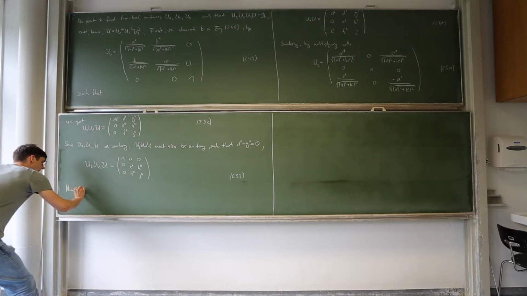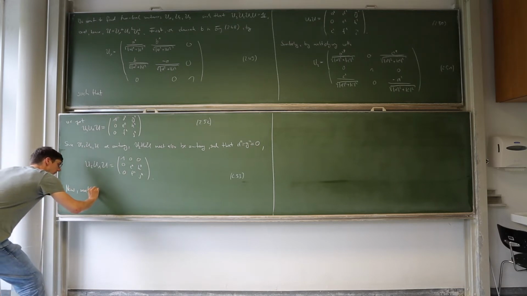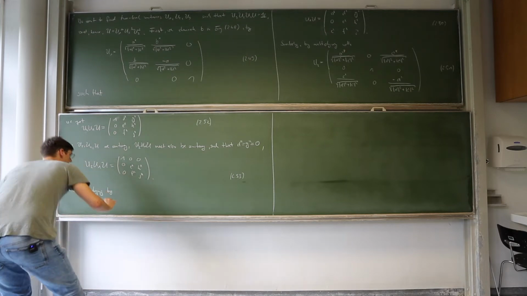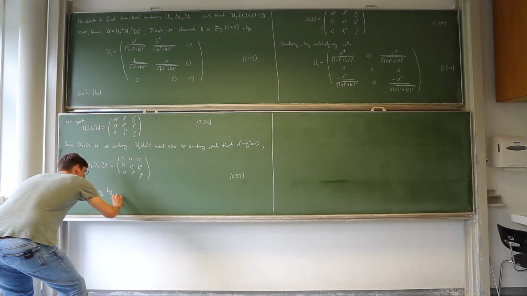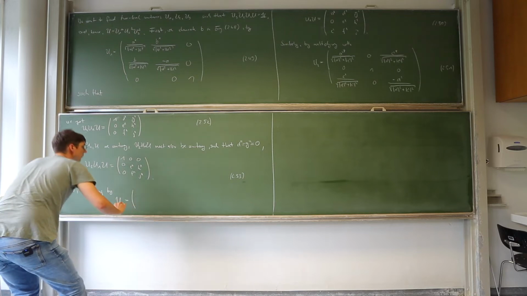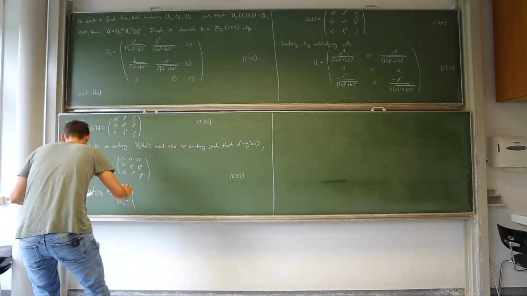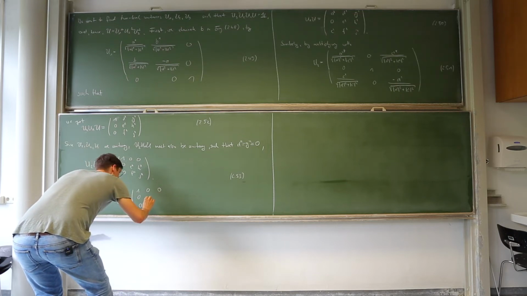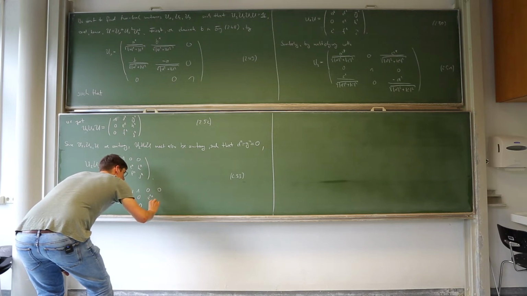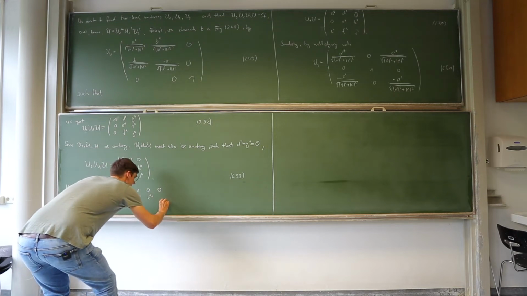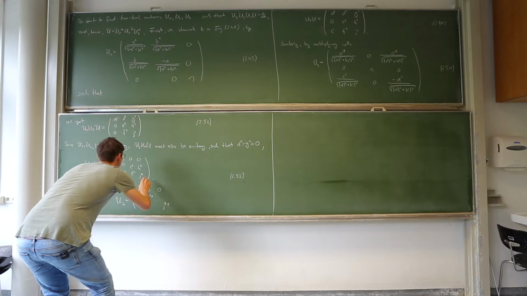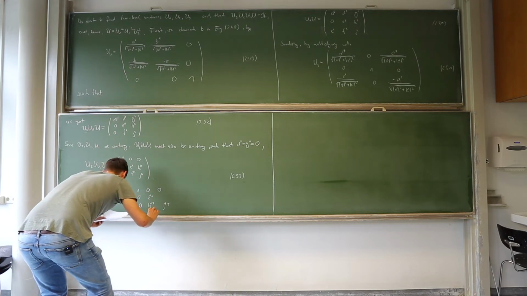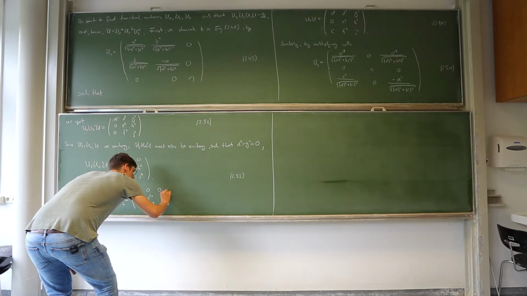Multiplying by u3, which is equal to 1, 0, 0, 0, and then we have e prime prime star, here we have j prime prime star, and here we have h prime prime star and f prime prime star.